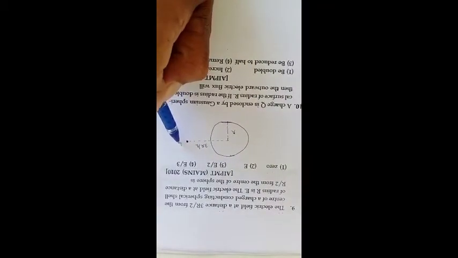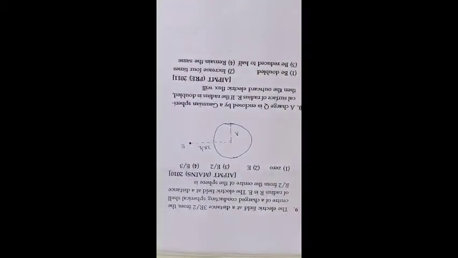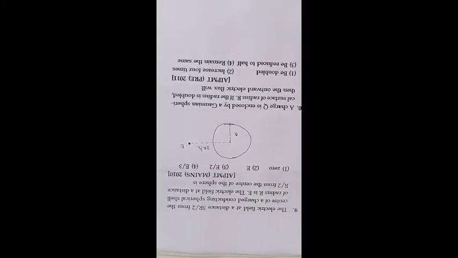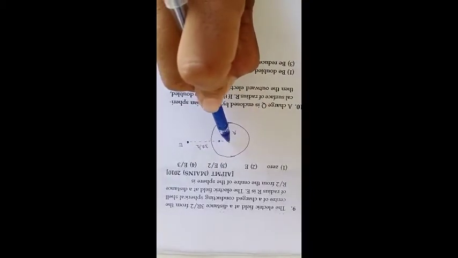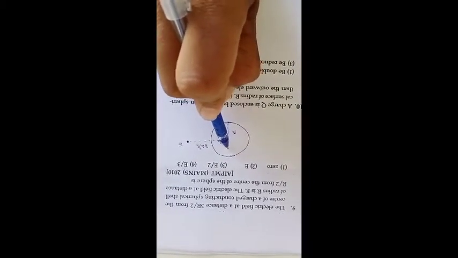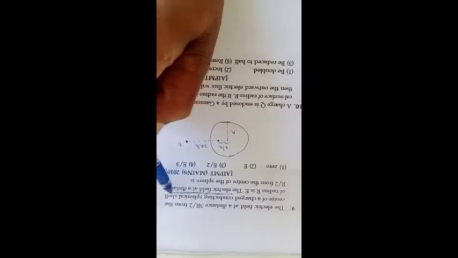At a distance 3R by 2, electric field intensity is E. At a distance R by 2, what is the field intensity? They give that the sphere is a conducting spherical shell.